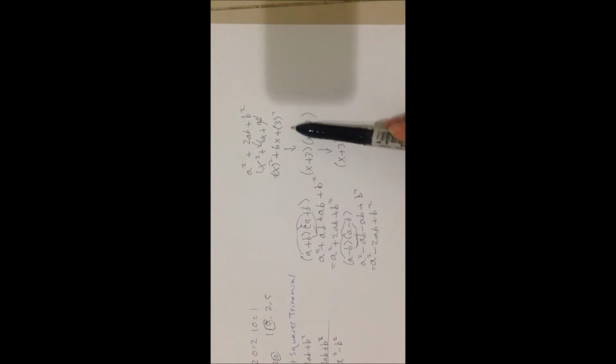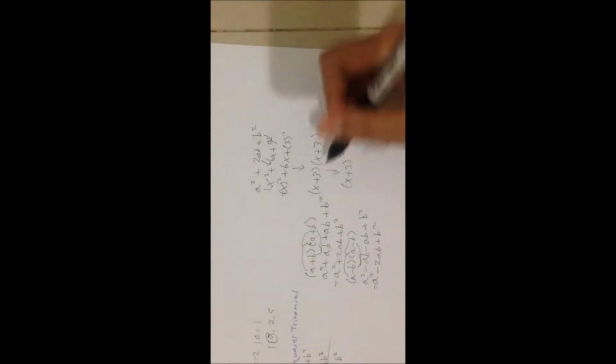If you want to factorize it using the identity, all you have to do is take the first variable, then take the second one, and relate them to the identity. Since this is identity 1, which is two numbers or variables which are positive, the x is like a and 3 is like b. So it's basically the same as a plus b whole squared. You can see the similarity.